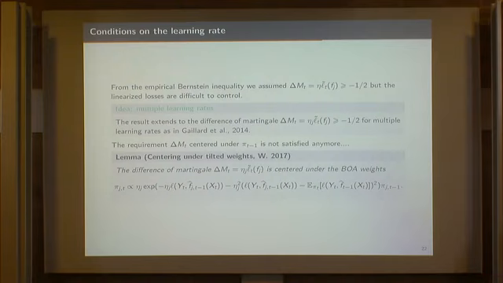This strategy is called the multiple learning rate and was introduced by, again, Pierre Gaillard et al. in 2014. And this idea stabilizes a lot the numerical implementation of the exponential weights.